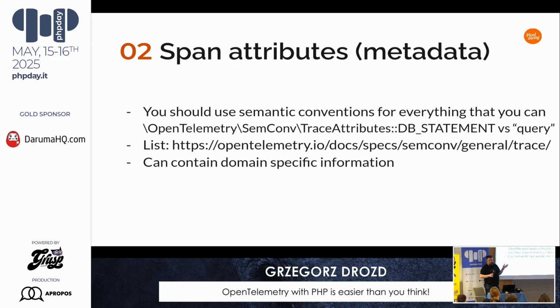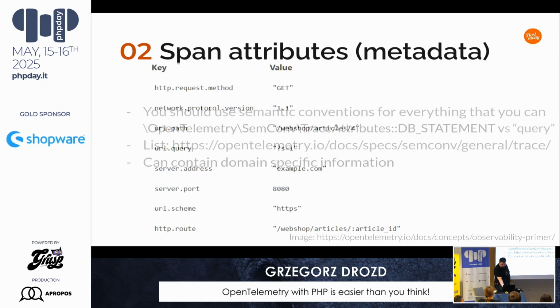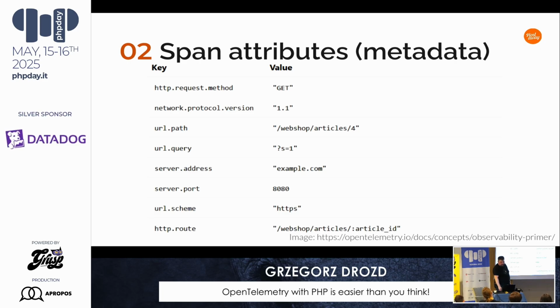As an example, if you put HTTP root on your whole trace, then it will group multiple traces by the root. So it's easier to see what's going on. But if you use your own attribute, then there is no mapping. So you lose a lot of things. This is an example of span attributes for web request. As you can see, the root doesn't contain an actual ID, and that's why it's easier for some tools to aggregate the data.